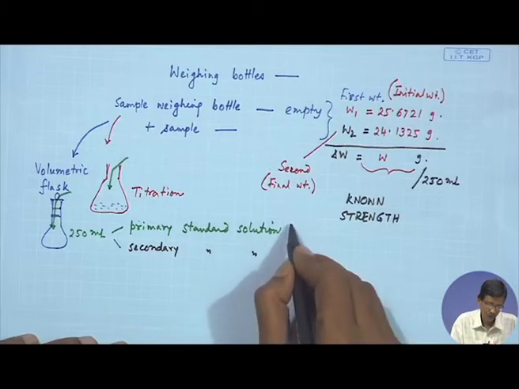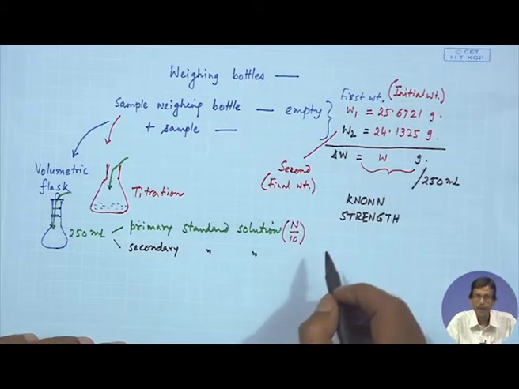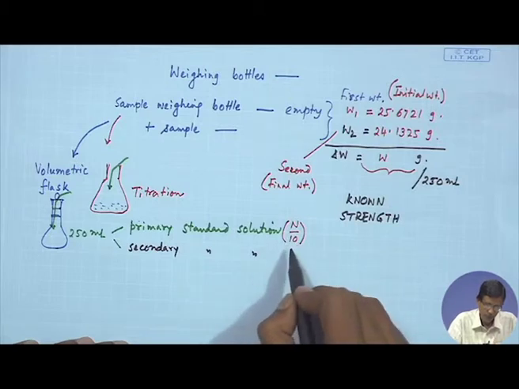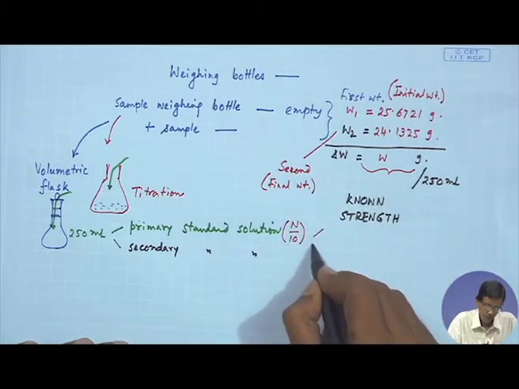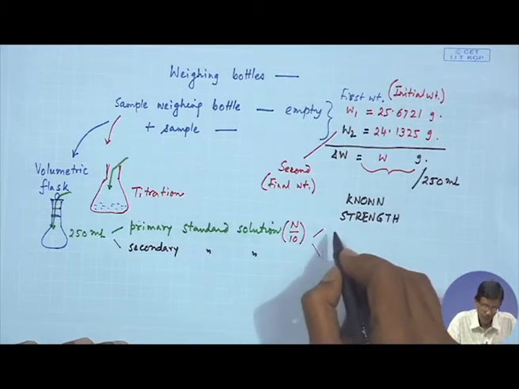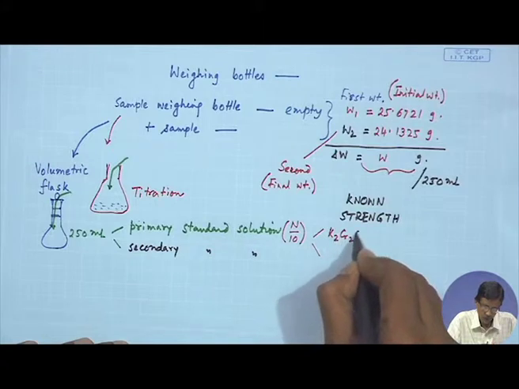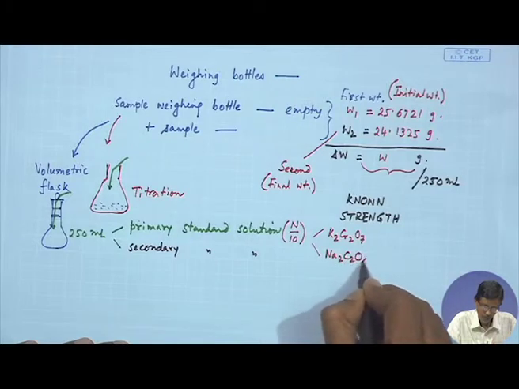When we make some primary standard solutions, we all know that we have some idea to make a decinormal solution, N by 10 strength. So, to make a decinormal solution, how much weight of these samples? Suppose we take two concrete examples, say K2Cr2O7 or disodium salt of oxalic acid.